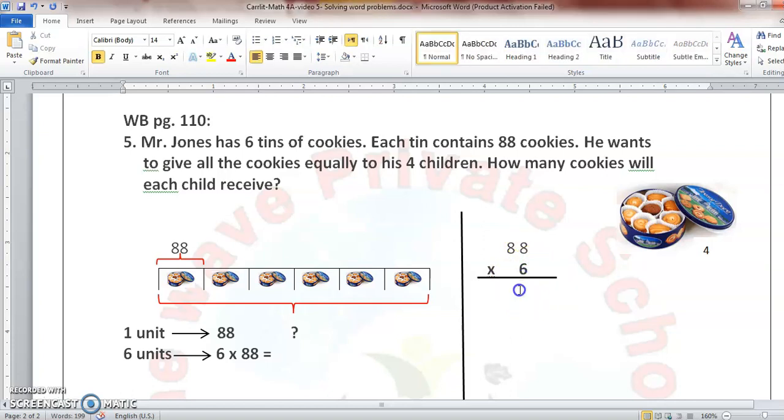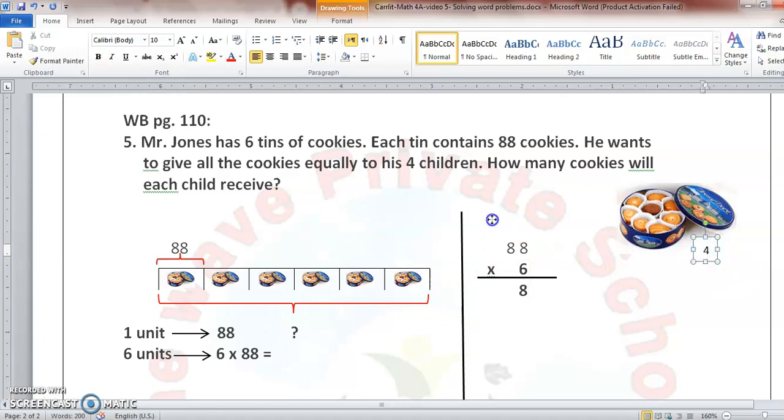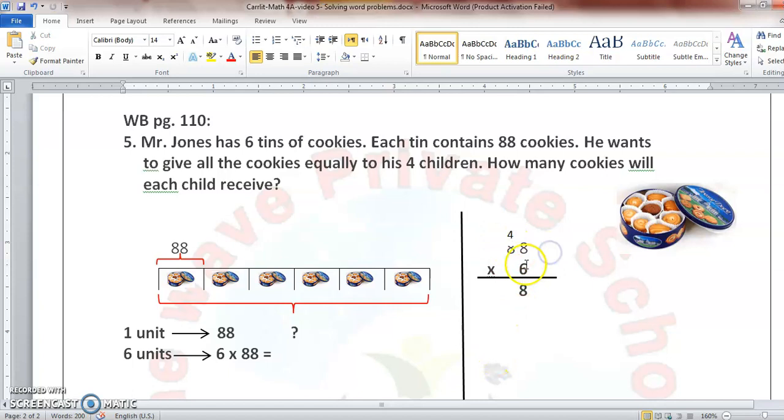The answer here is 48, right? But we're going to carry here. We put 4 here. 6 times 8, 48, carry 4.